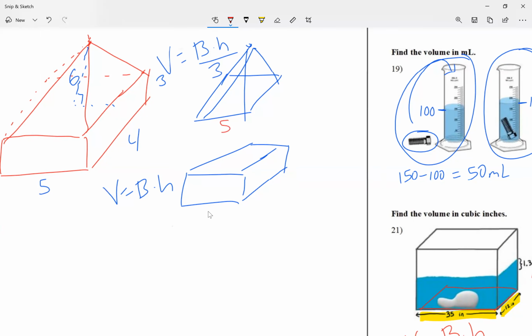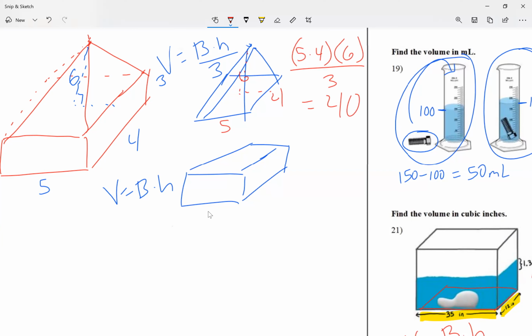Okay, so for the pyramid, we can say this is 5, this is 4, and then the height is 6. So the area of the base is 5 times 4, because the base is a rectangle. The height is 6, and divide this by 3. So just the pyramid, 5 times 4 times 6 divided by 3, is 40.